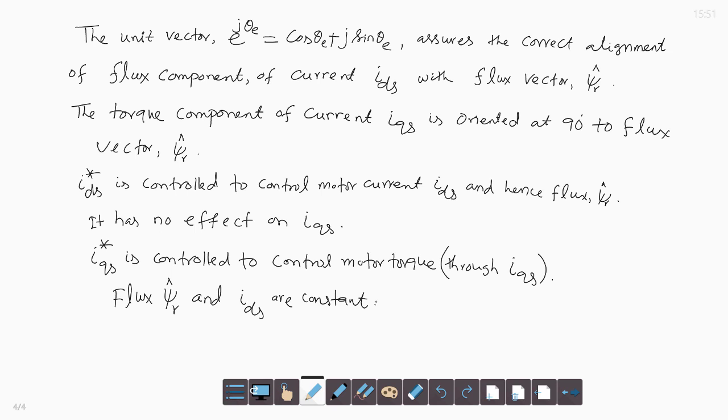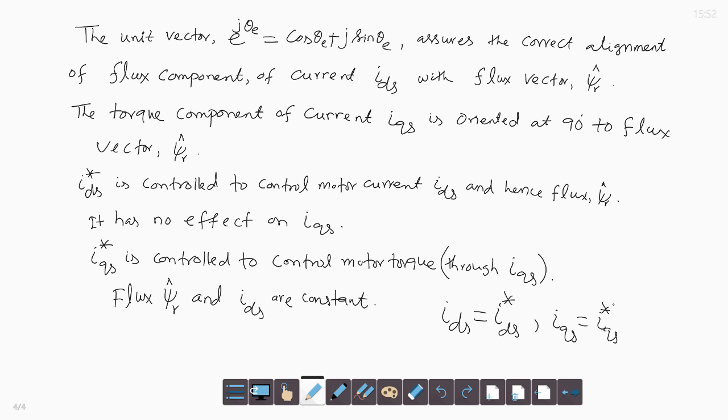So, the variation of one has no effect on the other. All the time, IDS equals IDS star and IQS equals IQS star, the reference values. The transformation from IDS star, IQS star to IA star, IB star, IC star, and the transformation from IA, IB, IC to IDS, IQS do not take any time.